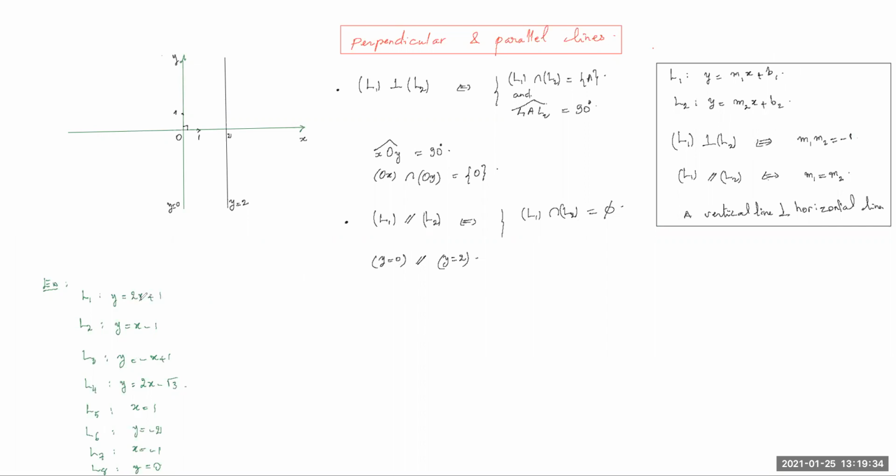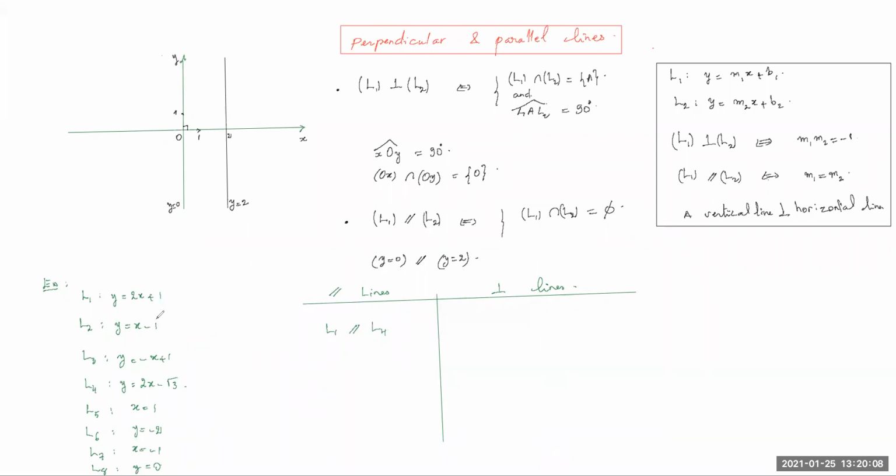Here I see a 2 for the slope, and here I see 2 for the slope, so we have a parallel. Let's make a table for our answer: which ones are parallel, and which ones are perpendicular lines? So I can say that L1 is parallel to L4.